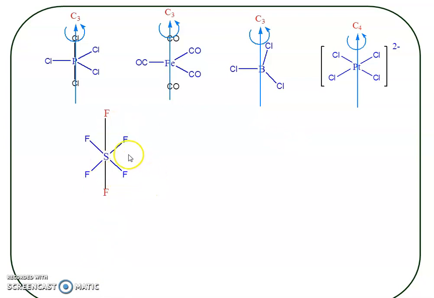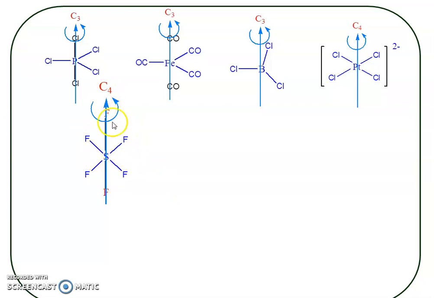Another example is sulfur hexafluoride. In sulfur hexafluoride, sulfur is at the center. Out of 6 fluorine atoms, 4 fluorine atoms highlighted by blue color are oriented along the same plane, and the remaining 2 fluorine atoms are vertically aligned, and the proper rotational axis that exists in this molecule is C4.